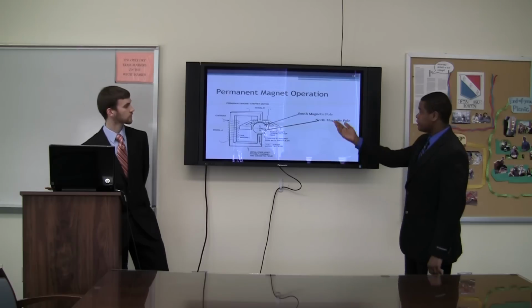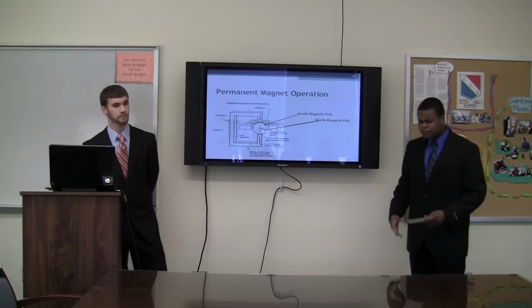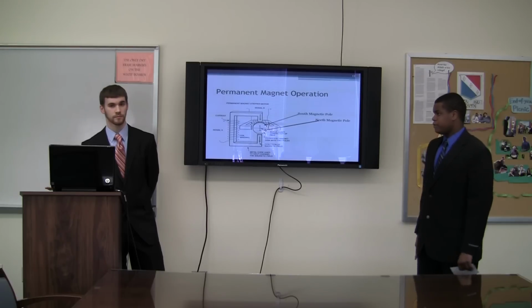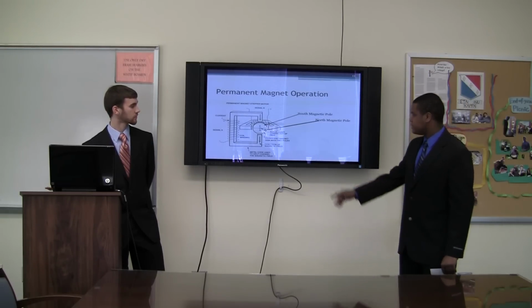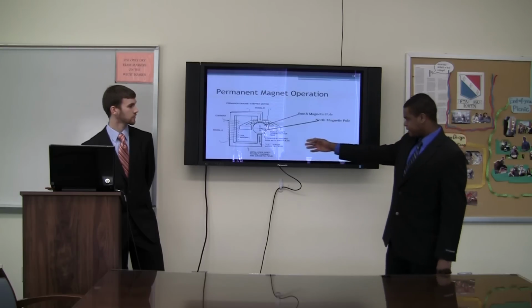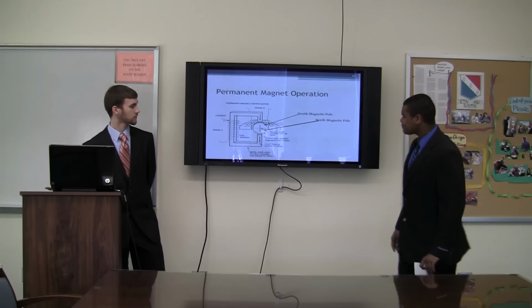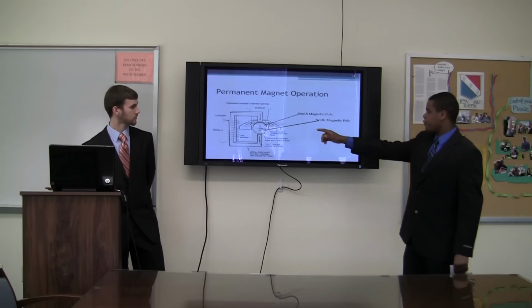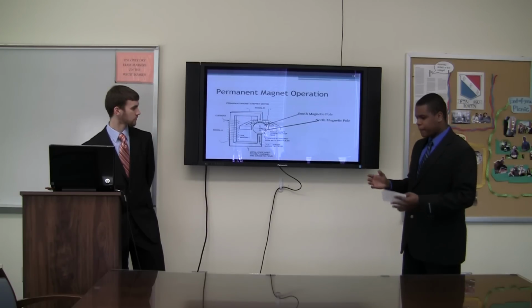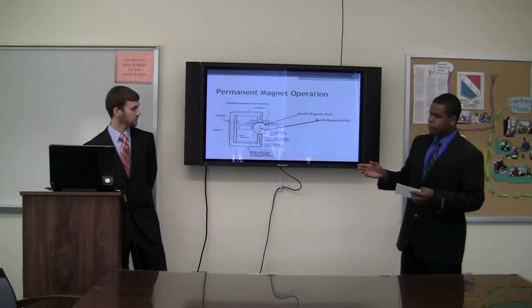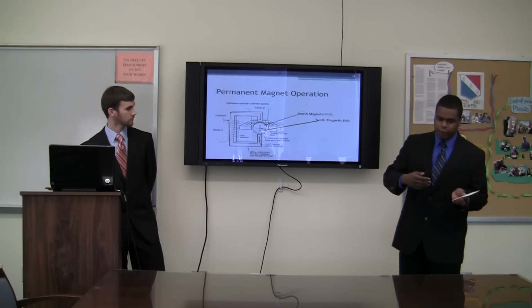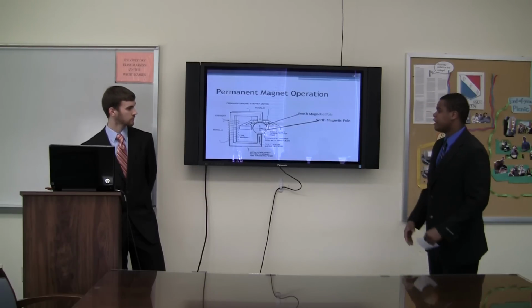And here's a permanent magnet stepper motor, which we use for this project. And this is a diagram showing how current moves through the coil winding, and it moves kind of like a bar magnet. So it moves on the basis of repulsion and traction.